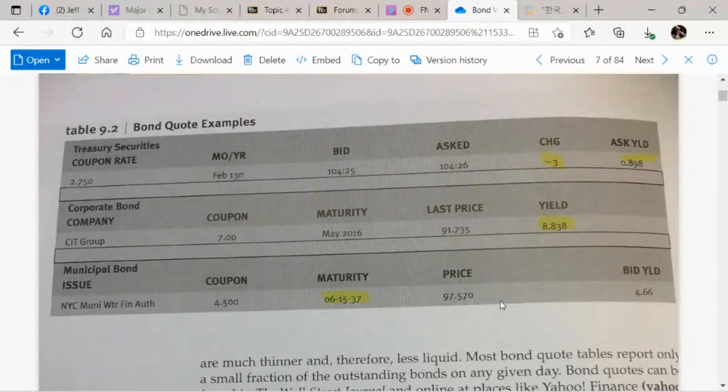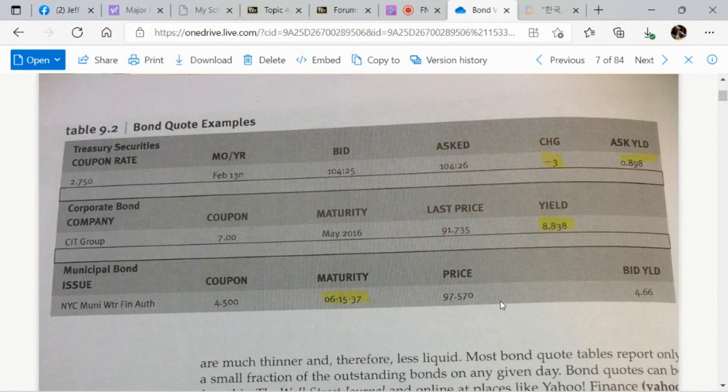So then they pay 7% annually, right? 7% of 1,000, that's $70. Of course, in reality, bonds pay coupons twice a year. That means every 6 months, it's going to be half of that. In this case, $70, so $35 every 6 months. Makes sense?